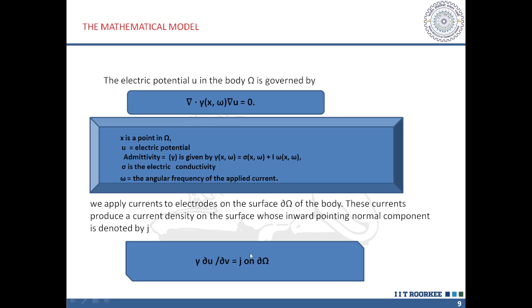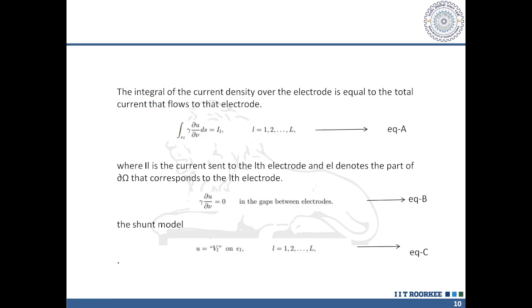From the current density we can easily calculate the current flowing through the electrode, so we can express the electrode current from the previous current density phenomena. This admittivity totally depends upon the body which is under test.